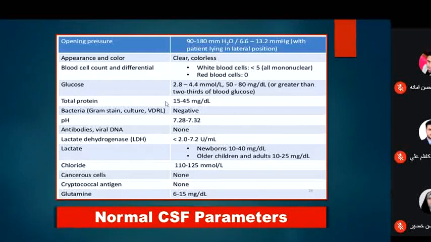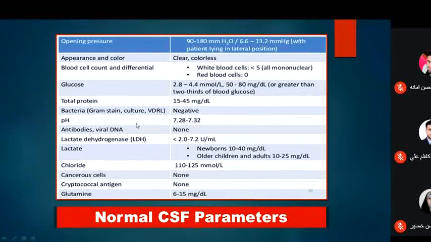This is the cytology. The glucose should be about or greater than 2/3 of the blood glucose. If it is lower than this, this is pathologic. The total protein should be between 15 to 45. Bacteria, from gram stain and culture, should be negative. The acidity is somewhat acidic.